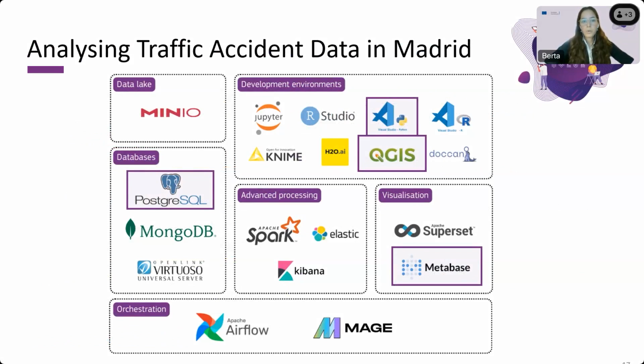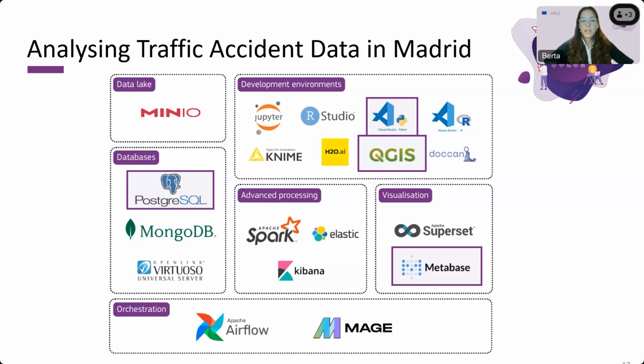Right, for this workshop, we're going to be using several tools from the BDTI platform for the whole process, from data extraction to visualizing and getting the insights, as we'll see later. We'll be working with Python through Visual Studio Code to extract the data directly from the source, so from the Madrid Open Data Portal. Then we will use PostgreSQL to manage this data, do some transformations, and then we will feed it directly from PostgreSQL through a Python code snippet to Metabase, which is a very powerful tool for creating dashboards.